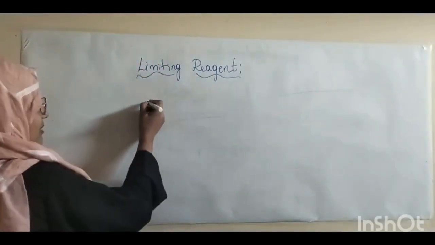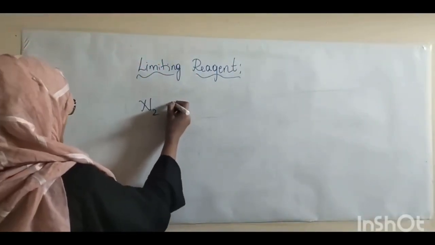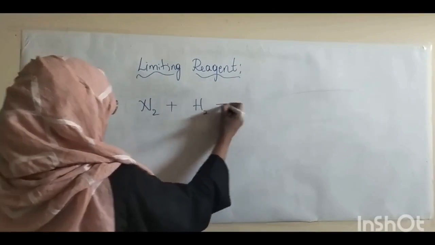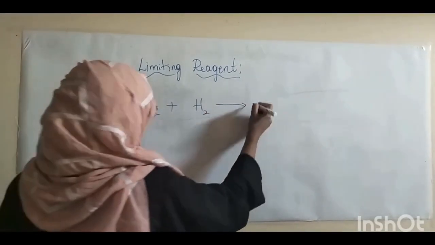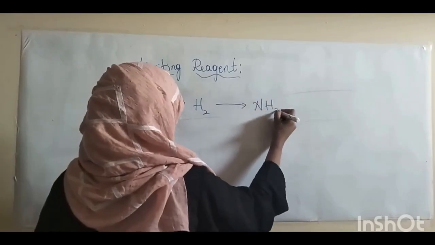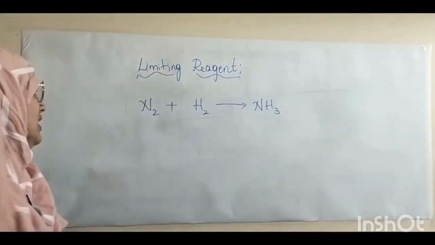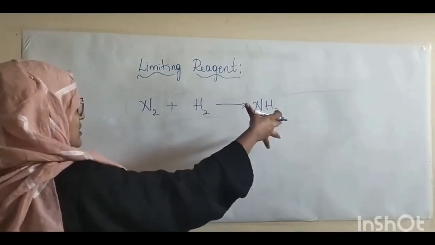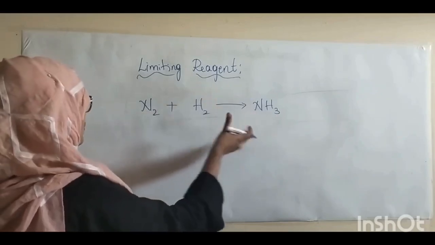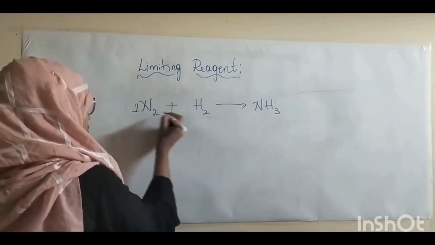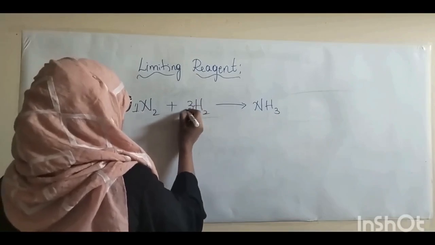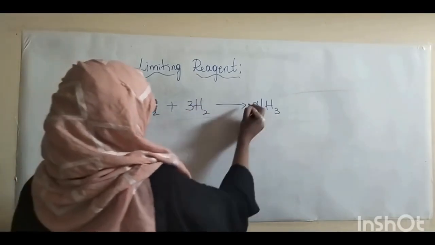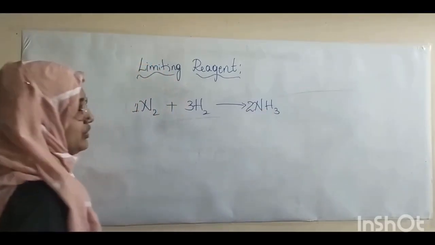So now I have nitrogen and hydrogen, and together they can form ammonia. When we balance the equation for this particular reaction, 1 mole of nitrogen requires 3 moles of hydrogen to create 2 moles of ammonia.